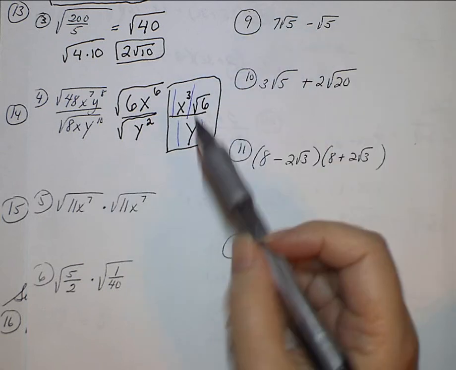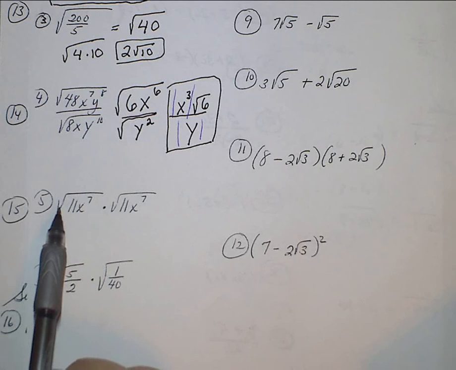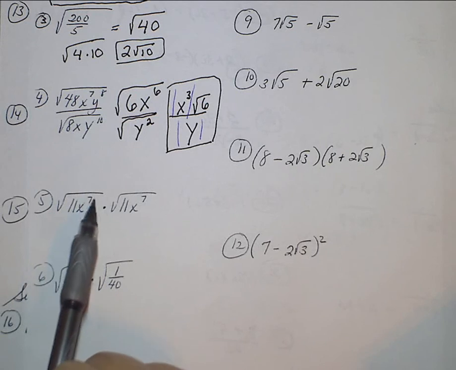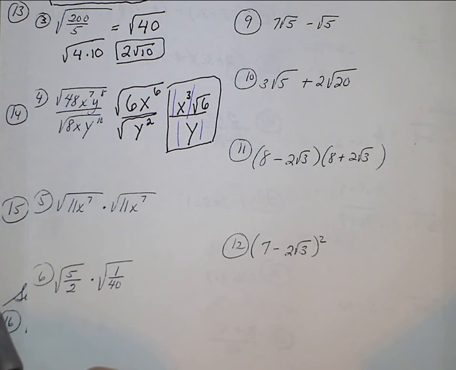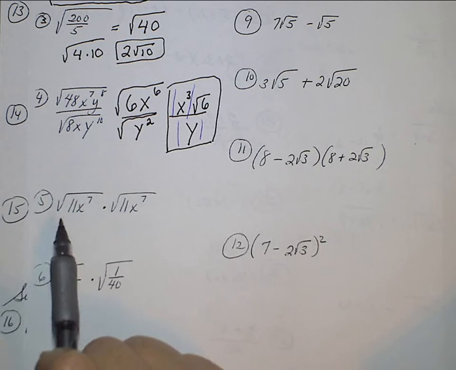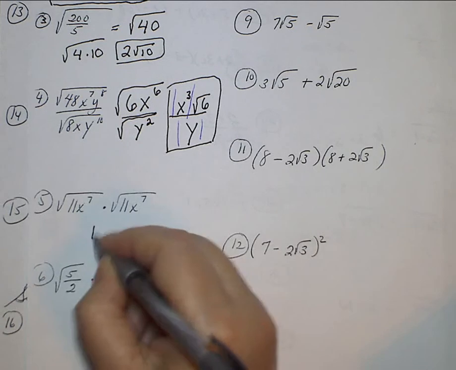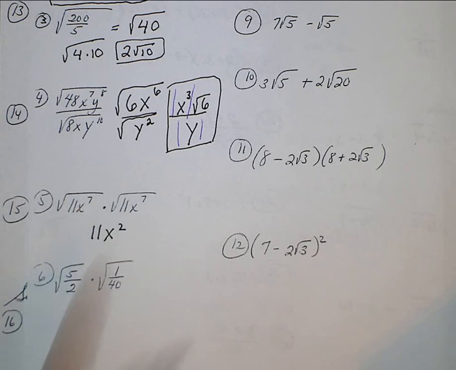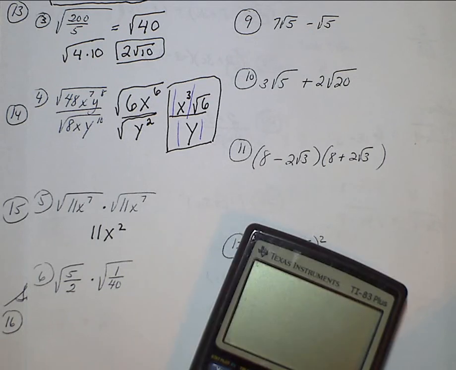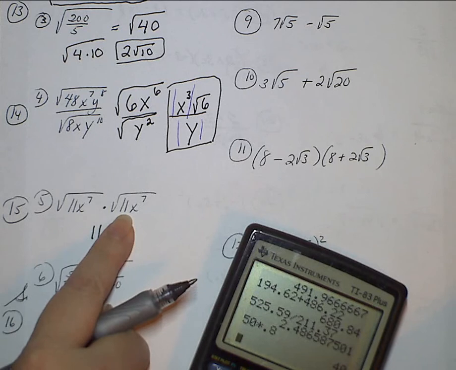Alright. The square root of 11x squared times the square root of 11x squared. Well, you can do it a couple of ways. I know the answer is 11x squared, because if you have 2 of the same thing, you multiply it together, then you're going to have a perfect square, right?